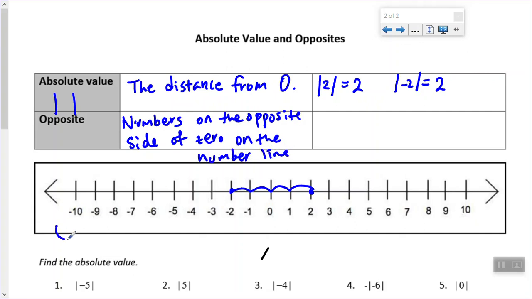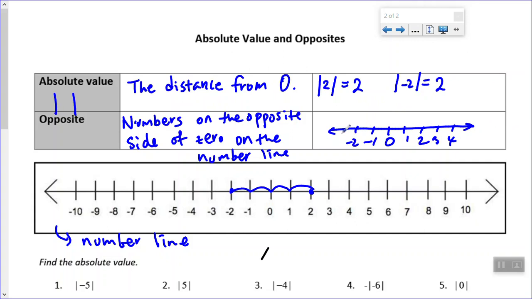So again, this is the number line. So maybe I can draw another number line here and give you an example. So you have 0 and you have 1, 2, 3, 4. It goes on like 5, and negative 1, negative 2, negative 3.